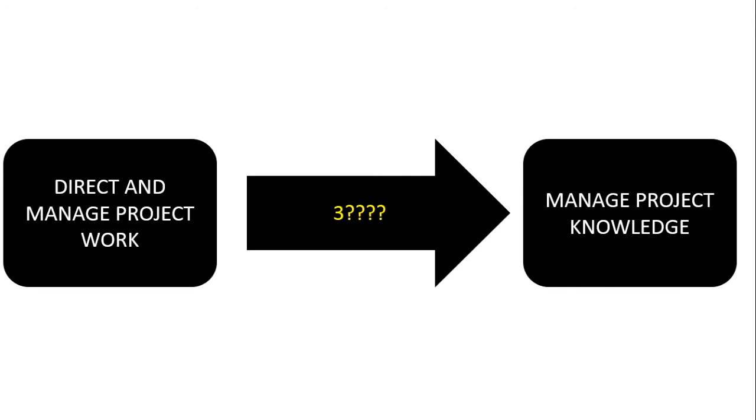Does anyone know what comes out of Direct and Manage Project Work and goes into Manage Project Knowledge? Anyone know? Everyone's like, oh, I don't want to answer because I'll get it wrong. Come on now. 5, 4, 3, 2, and 1. The answer to this is none other than deliverables. That's the answer to this one.